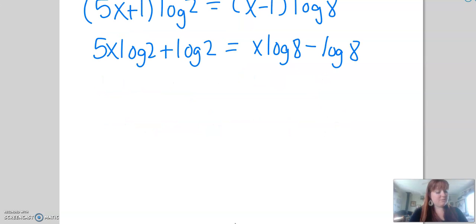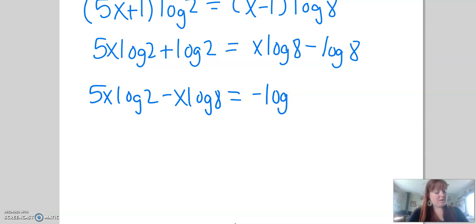Now we're going to get everything with an x on the same side, so I'm going to get 5x log 2 minus x log 8 equals negative log 8 minus log 2, because I just subtracted, I took this over here and this over here, okay?